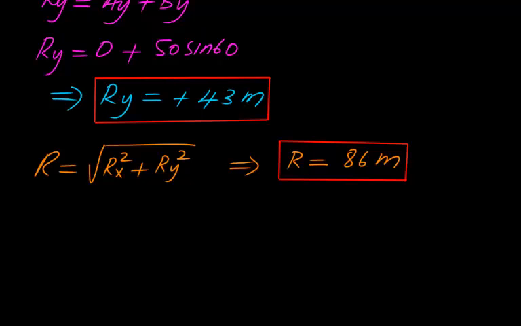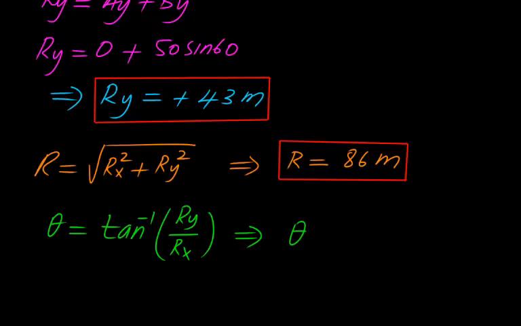To solve for the direction of that vector, we need to solve for the angle that is made with the x-axis. The angle theta can be obtained using the inverse tangent of Ry, the y component, over Rx, the x component. Solving for the angle theta, we obtain 30 degrees.